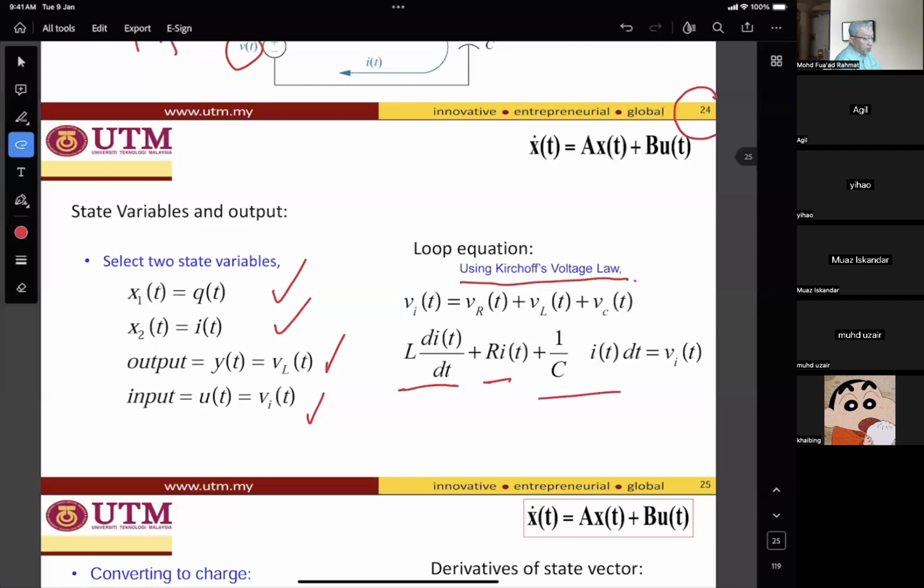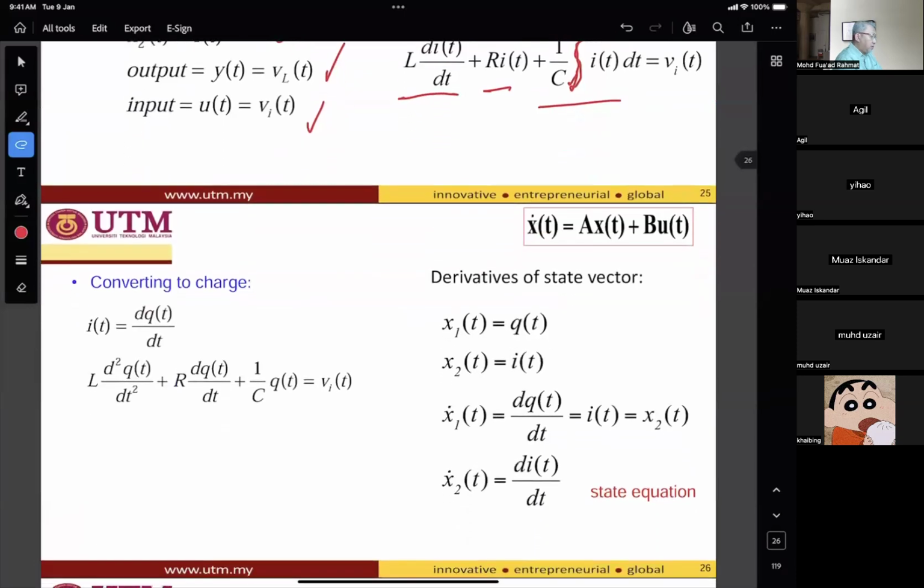So this one, there is an integration symbol. Can you please correct your notes if there is some weird symbol or no symbol before I.